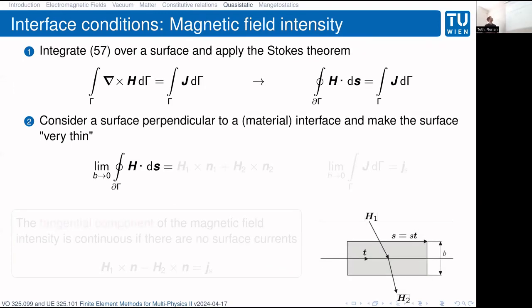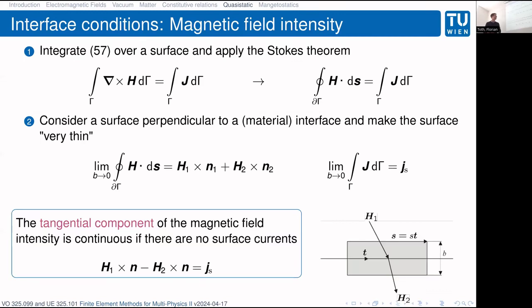And similarly, you can do this for Faraday's law also. Here you use Stokes' theorem to reformulate the curl of H into the surface integral. And then again, you want to build this surface integral.